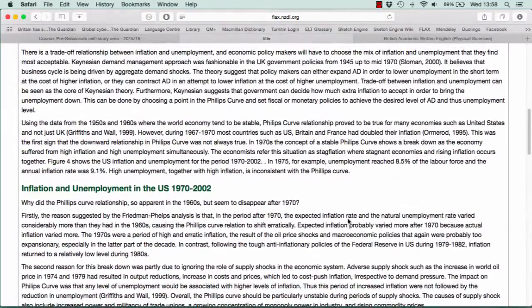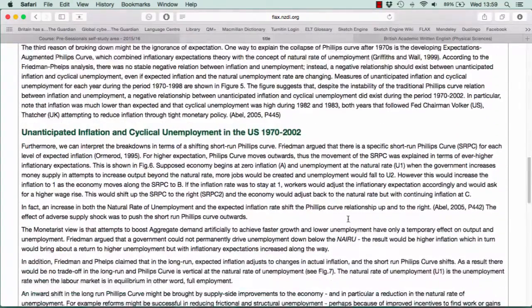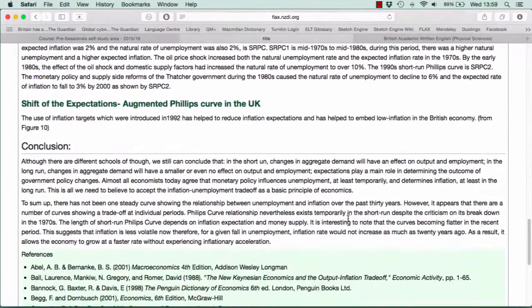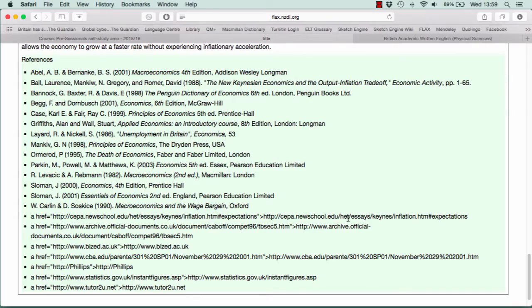Immediately you get an idea of how this is structured. You can see the headings, the subheadings, the paragraphing. As we go down, very importantly, we also see the references there.